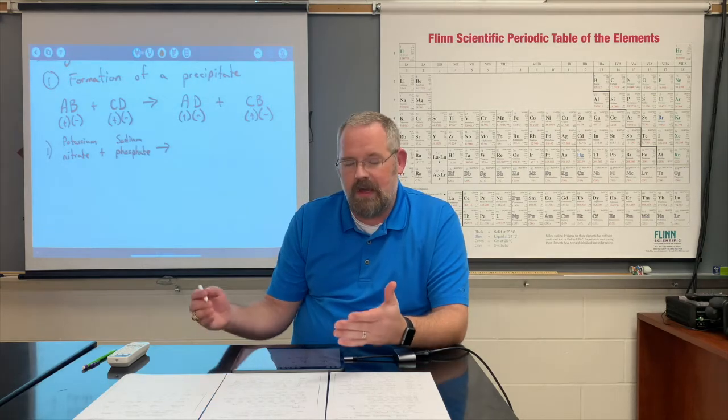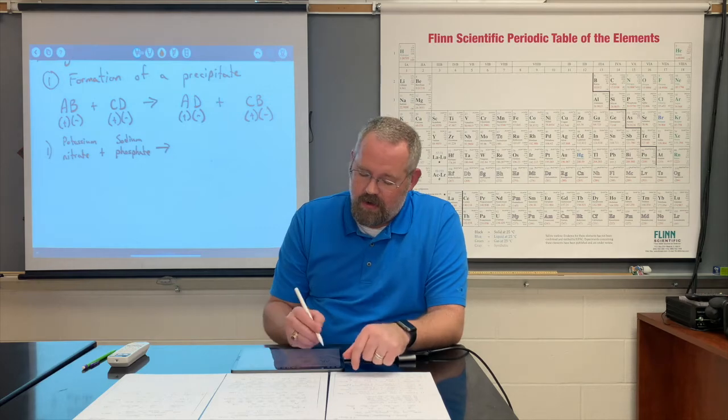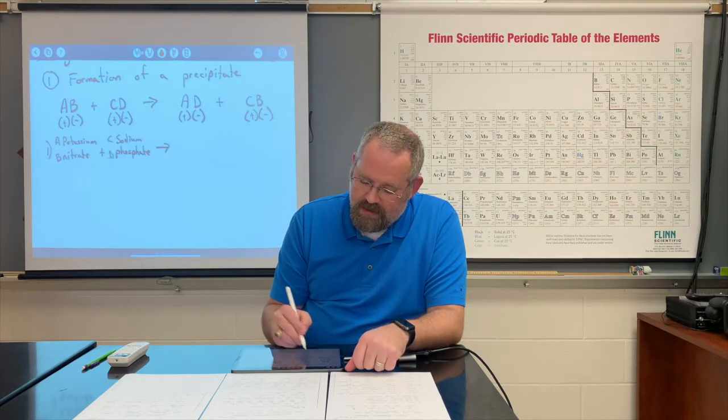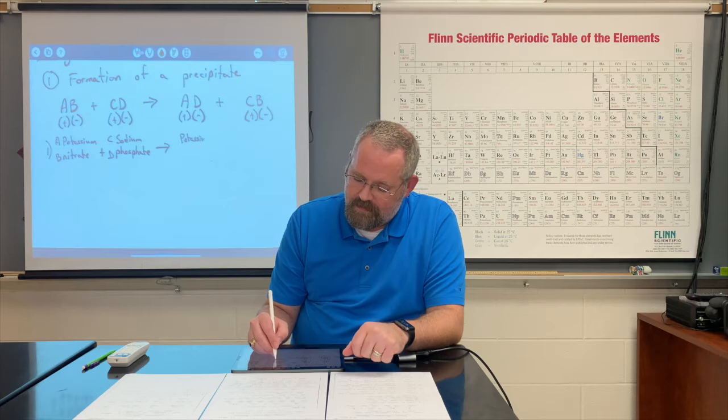So if you're looking at what we have predicted in our product, then you are going to have your A, B, C, D. So our product is going to be potassium phosphate plus sodium nitrate.